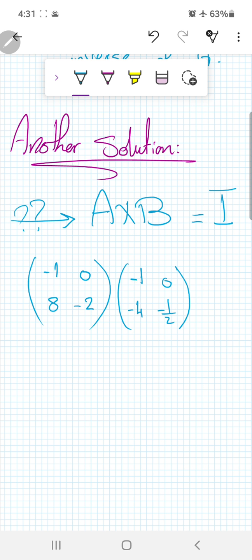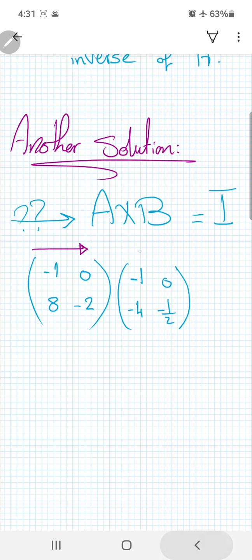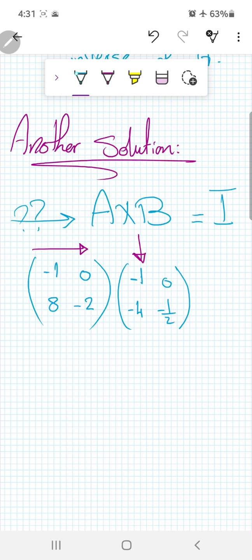Let's remember the multiplication. As we said, the first matrix gives a row, the second matrix gives a column. So open a big bracket. Here, -1 times -1 will be 1, plus 0 times -4, which is 0. The second column: -1 times 0 is 0, plus 0 times -half is 0.